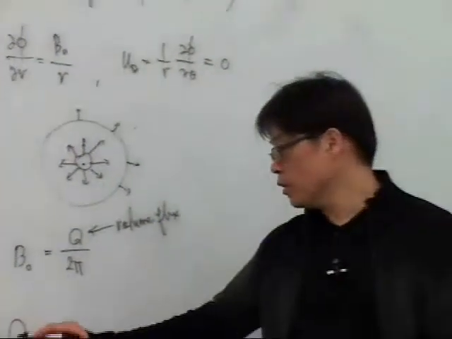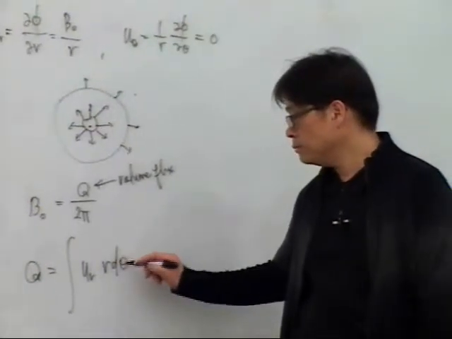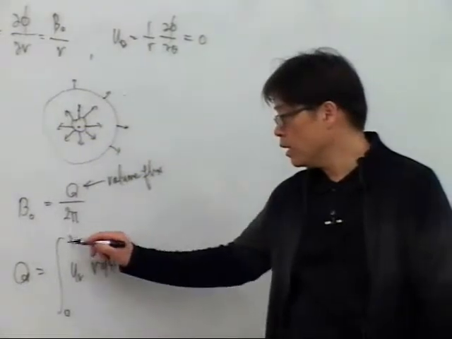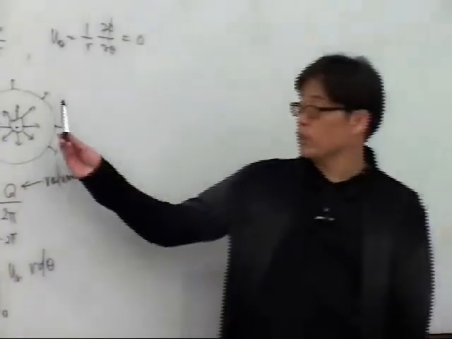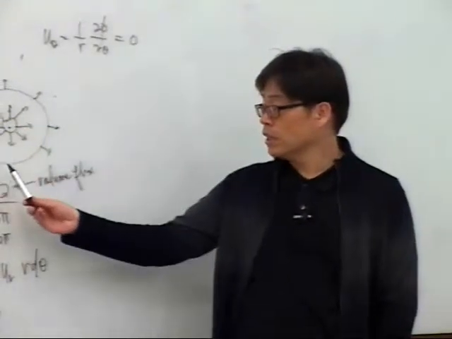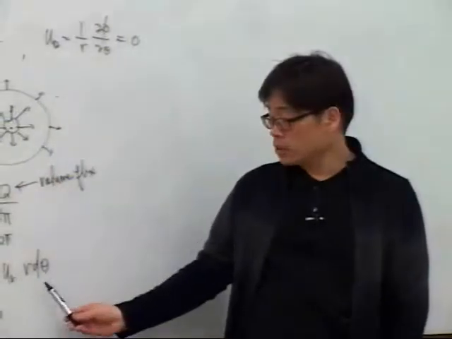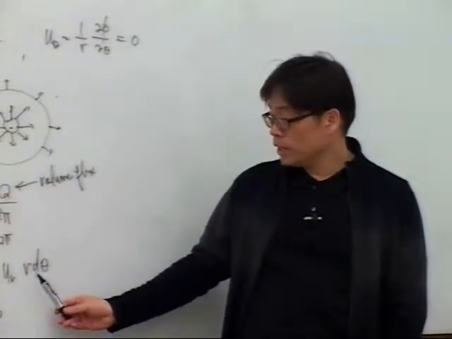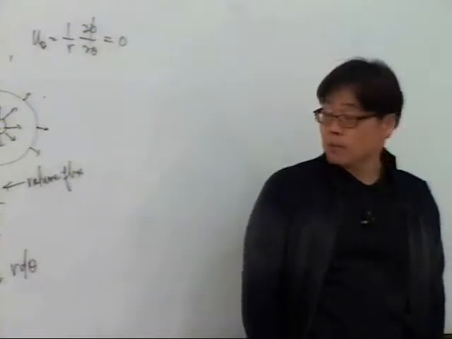A volume flux was defined as the integral of u_r r d theta from 0 to 2 pi. So what you're doing is you multiply the radial velocity by the circumference, and that's how much water is coming out per unit time.